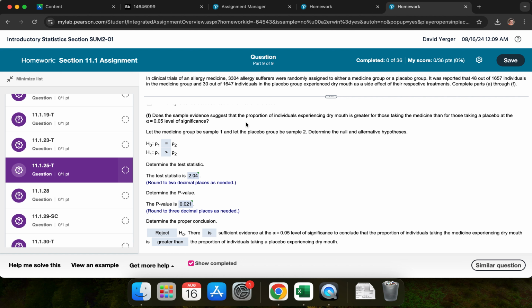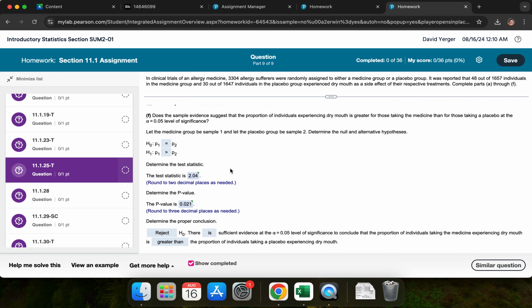So it's asking us a question, and we're using a level of significance of 5%, and it's saying is greater, so it's telling us the direction. We choose this equals for the null, greater than for the alternate hypothesis.